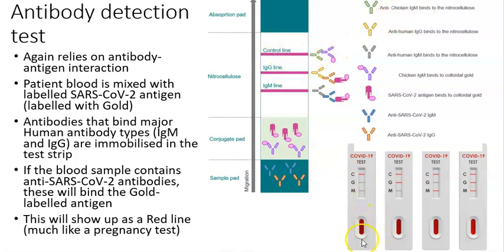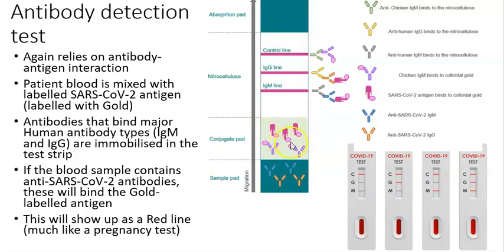So to summarise, you put your blood sample in there, the blood sample wicks up here, it will carry the labelled protein and antibodies with it. If there is no viral proteins present, your IgG and IgM cannot capture any of this colloidal gold labelled protein.